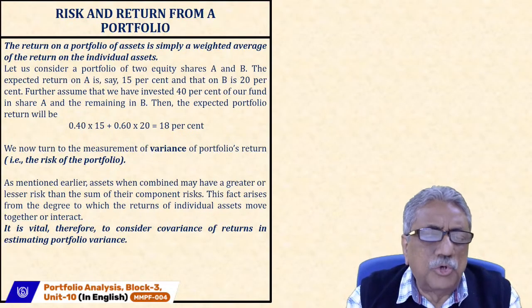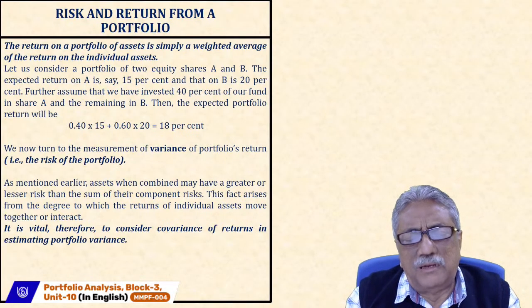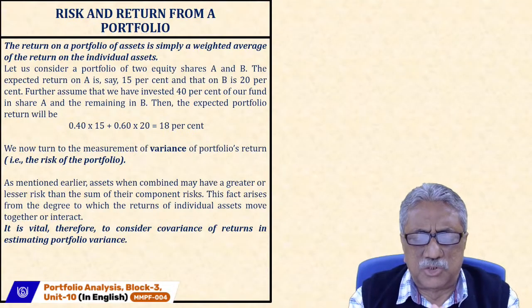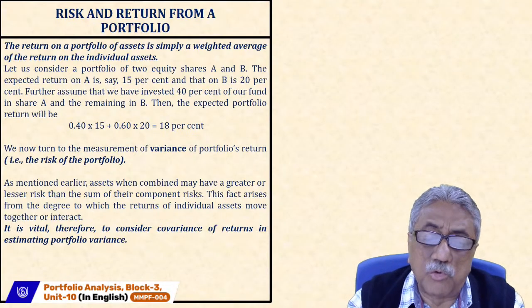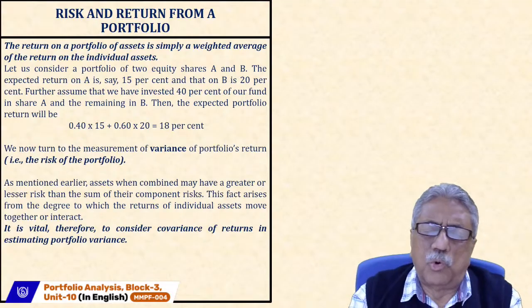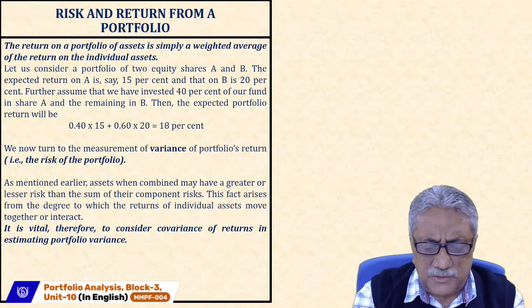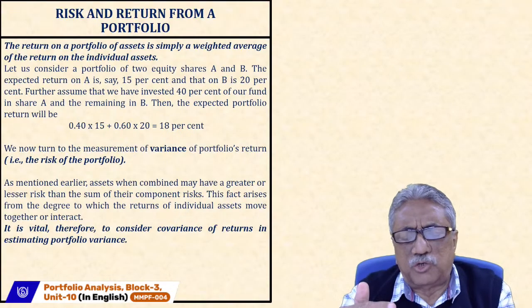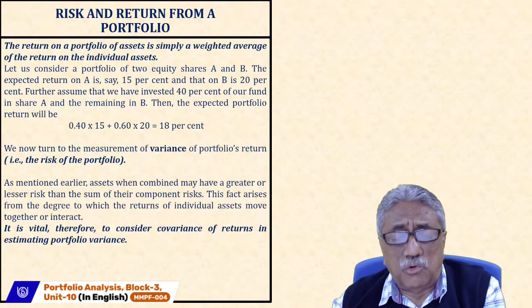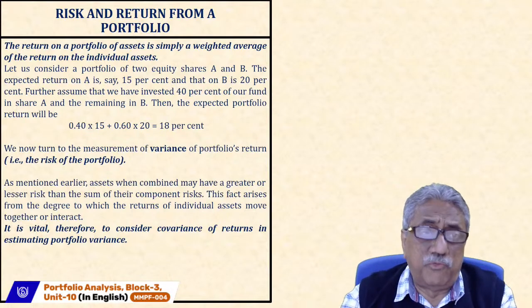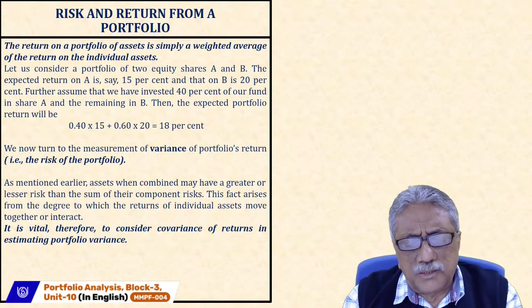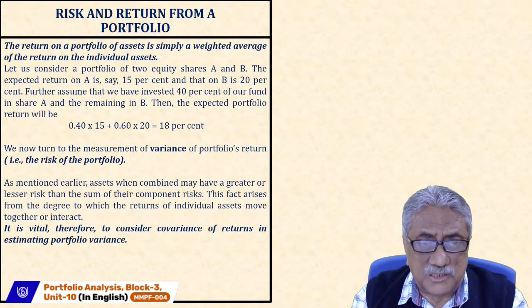It will be easier to tell you if I say suppose Sensex is going up. Some stocks move along with the Sensex, they also go up, may or may not be as per the Sensex. Some stocks do not move at all and some stocks go down. Every day if you are into the stock market, you see this.